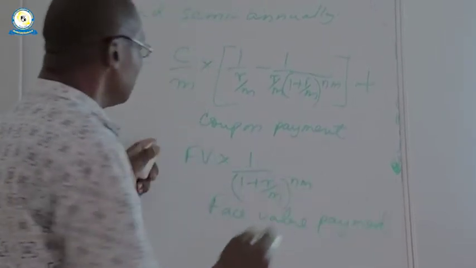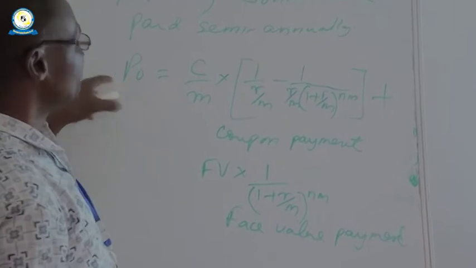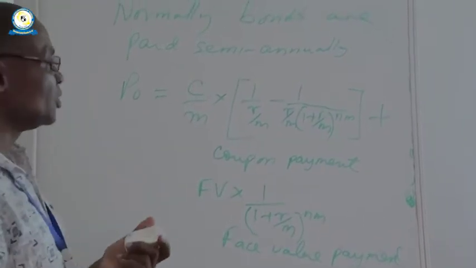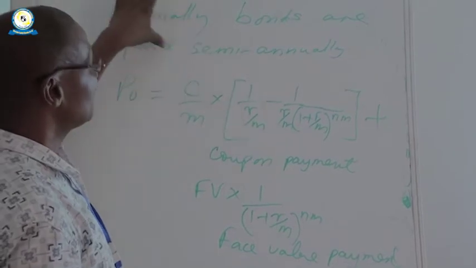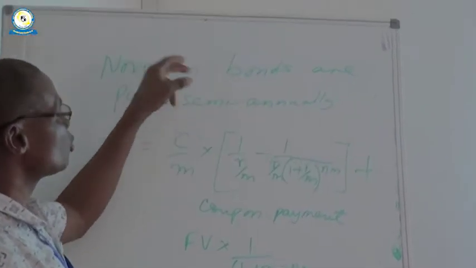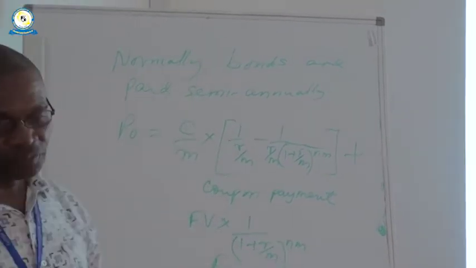So when you combine the coupon payment and the face value payment, you get the price of the bond. So this is the formula when we are calculating the price of a bond which is paid semi-annually.